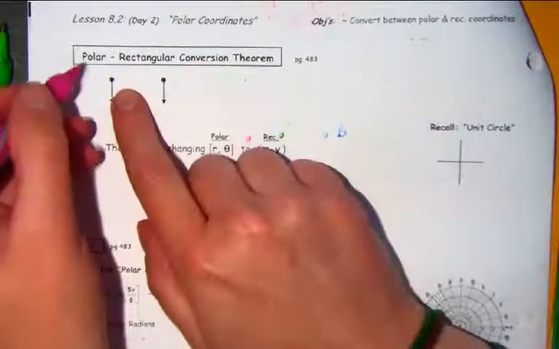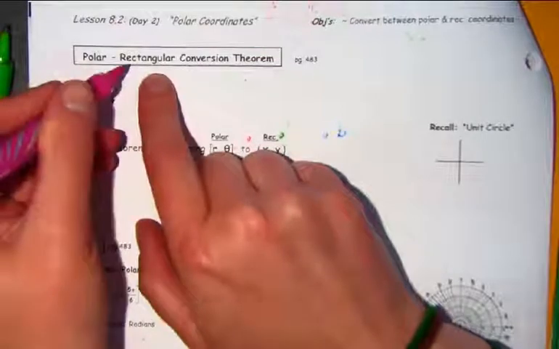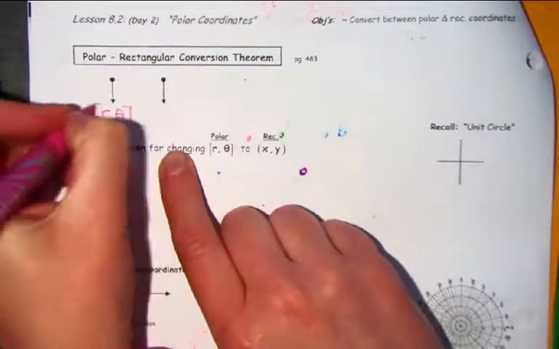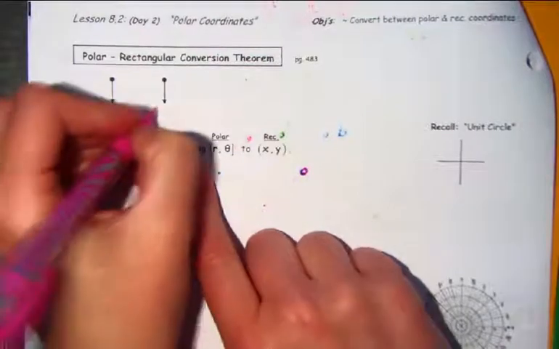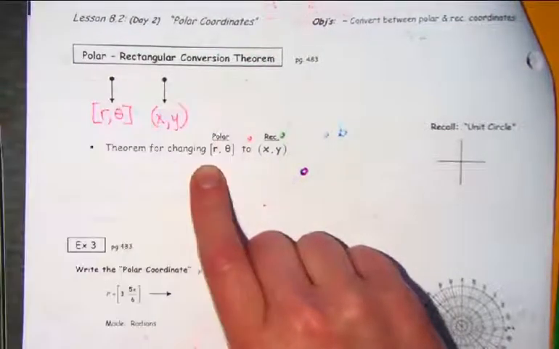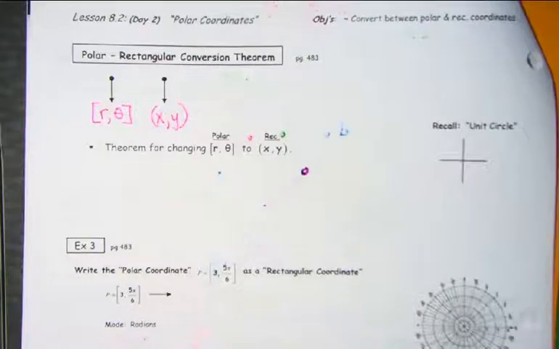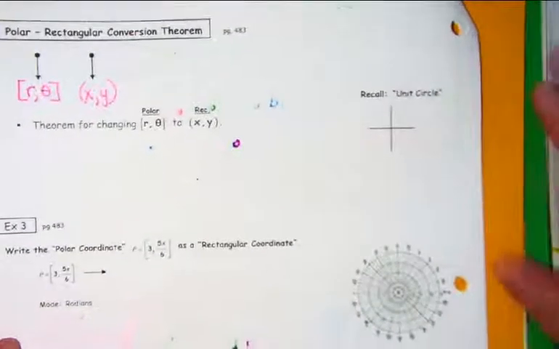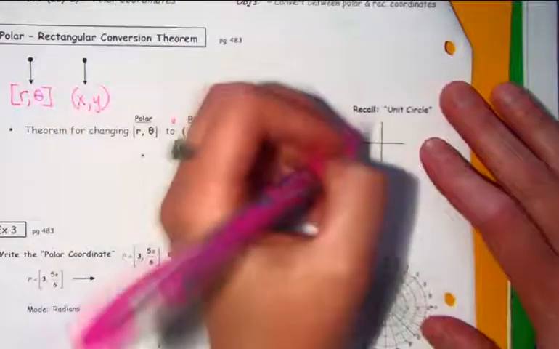So we're going to see how we can first of all convert from polar to rectangular. We want to go from a radius and a theta in polar form to rectangular form, x, y. So being able to convert from one to the other is going to be our main goal for this little part of our unit, our notes here.